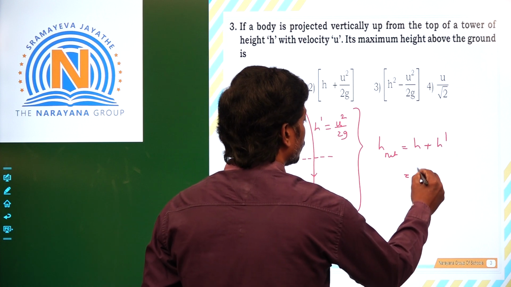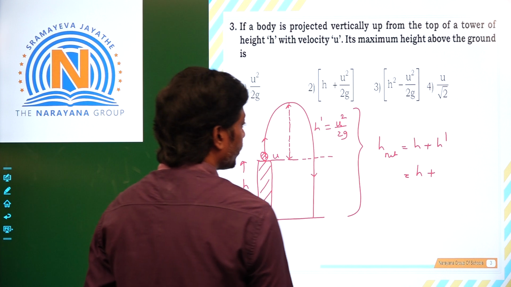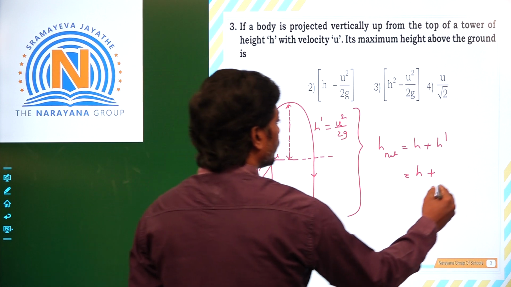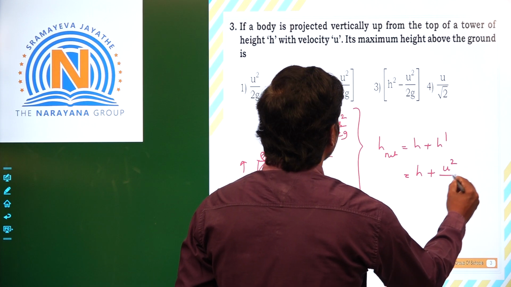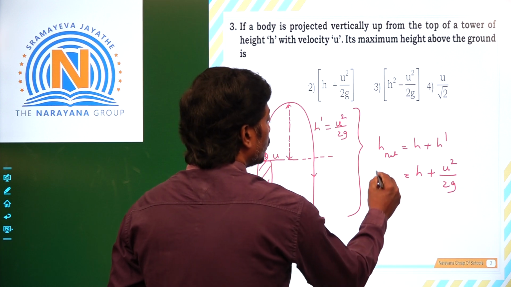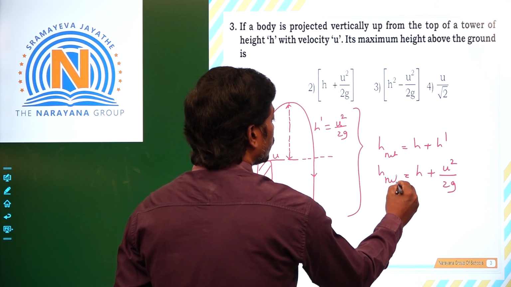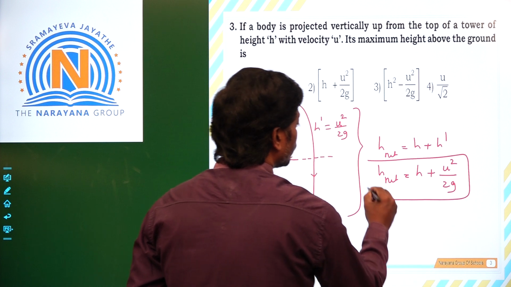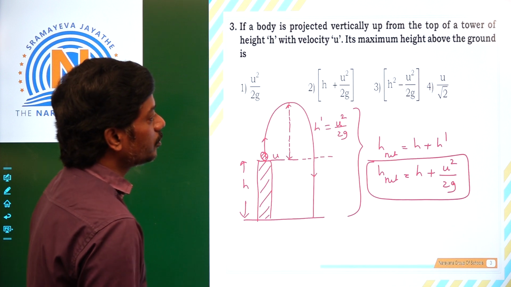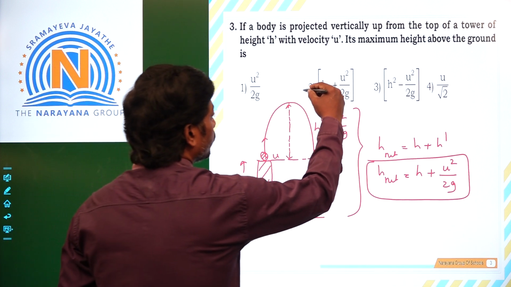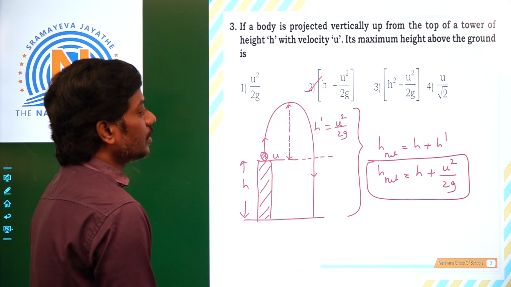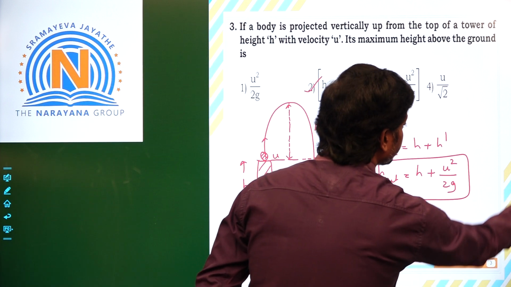So this is the height of the tower plus the maximum height reached by the body, which is u square by 2g. So the total height from the ground is h plus u square by 2g. According to this, the second option is correct. Let's go with the next question.